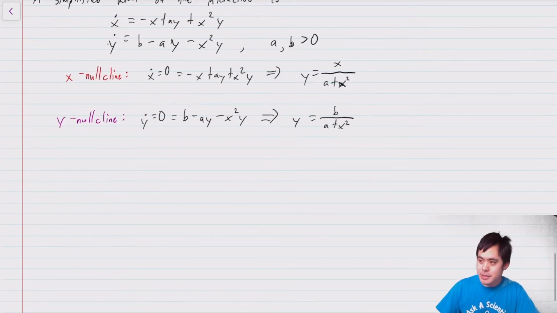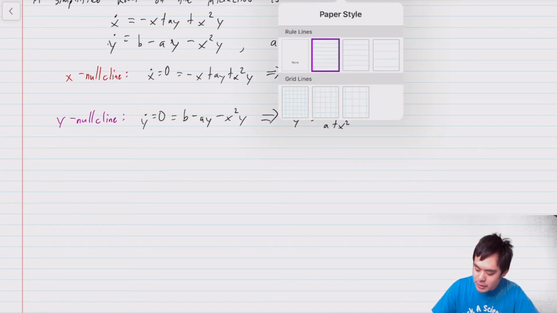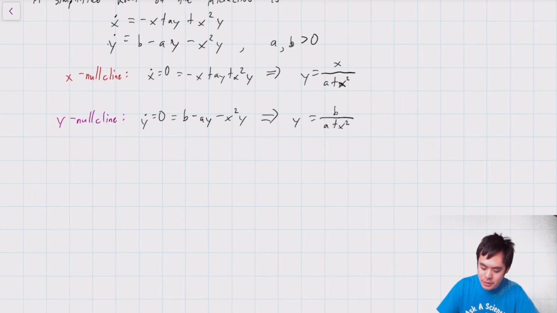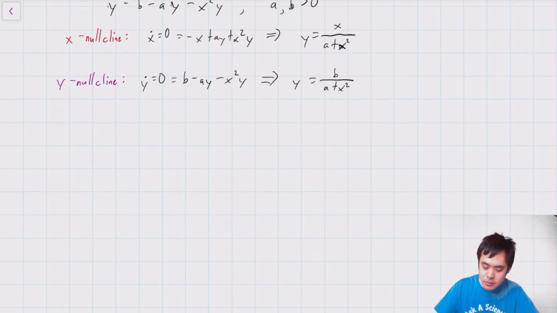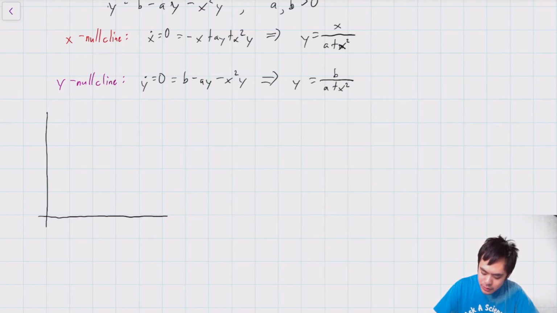Okay, let's draw this out. Let me switch into the other grid style, since that'll make drawing this a little bit nicer. We are only interested in the positive quadrant, because we are working with real positive numbers here. So we have x and we have y.